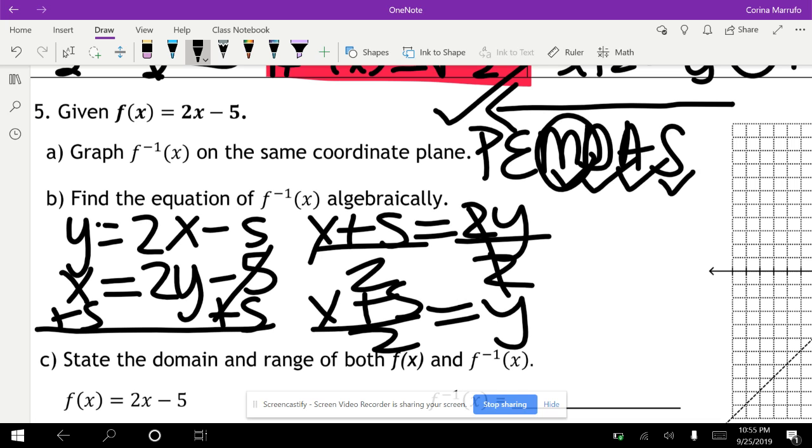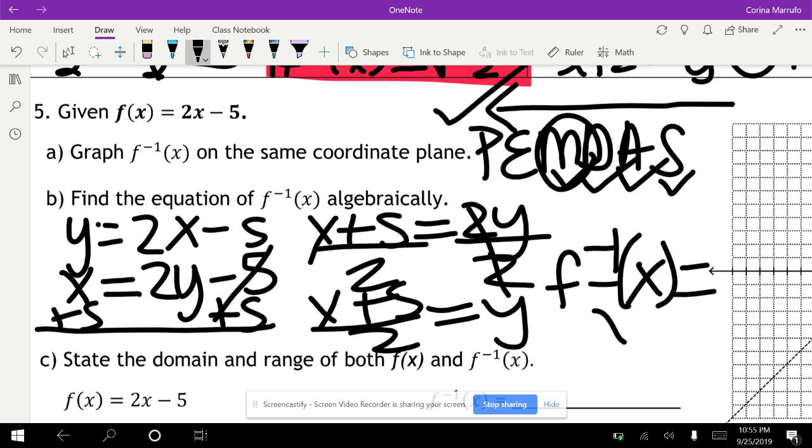So now that we solved for y, now we know our f inverse function. That's our last step. f inverse of x is equal to x plus 5 over 2, which is what goes in this little space.